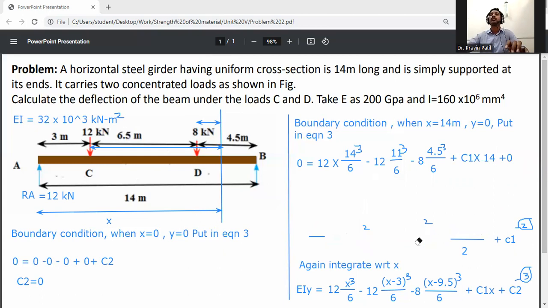Okay, so we need to calculate the value.